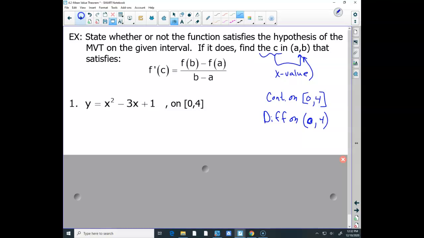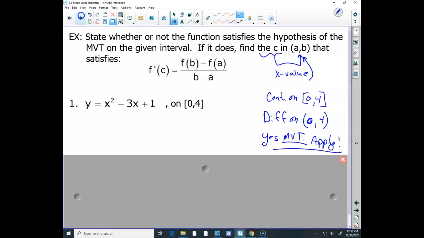Well, heck yeah, polynomials are rico suave. They are smooth, smooth, smooth. Therefore, they are continuous and differentiable everywhere in their domain. So yes, the mean value theorem does apply.